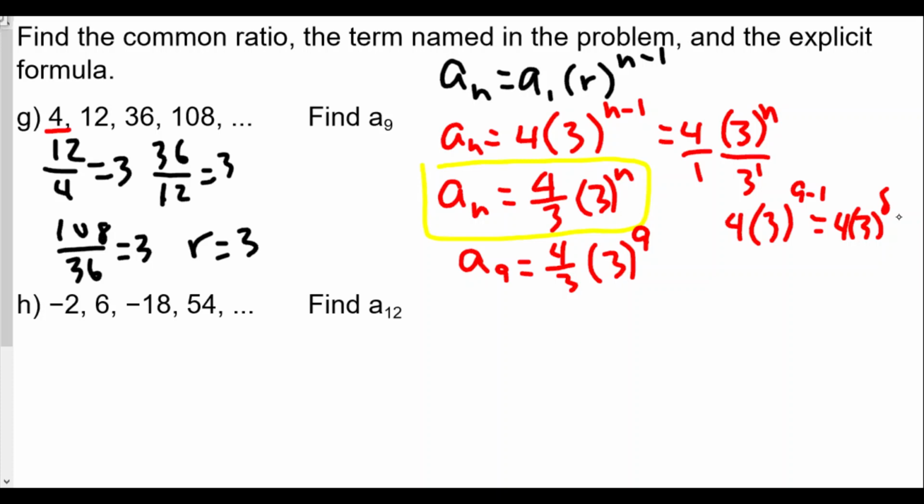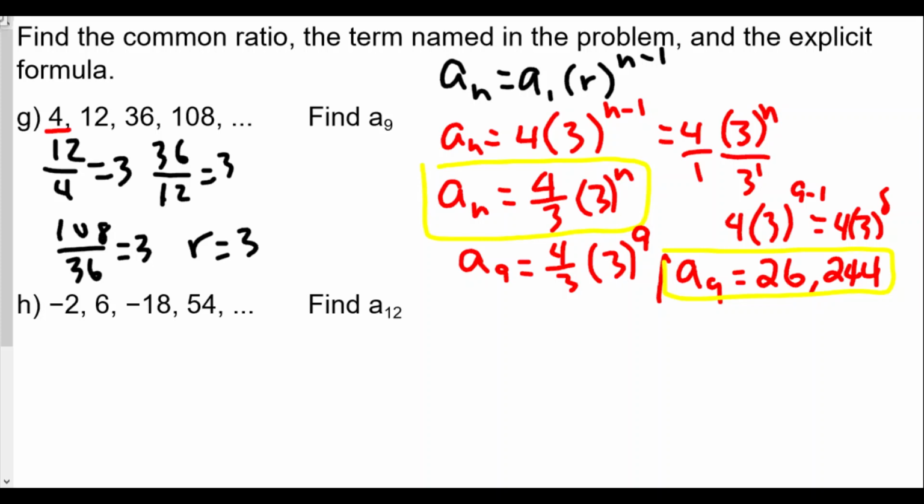And we're going to get, in this case, a9 is equal to 26,244. Okay, and that's going to be our ninth term for this geometric sequence.